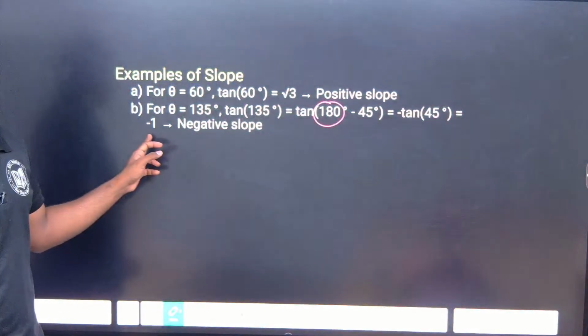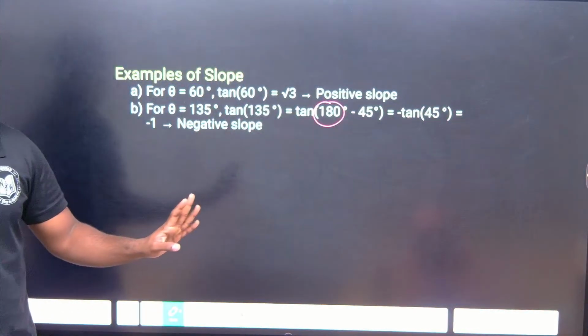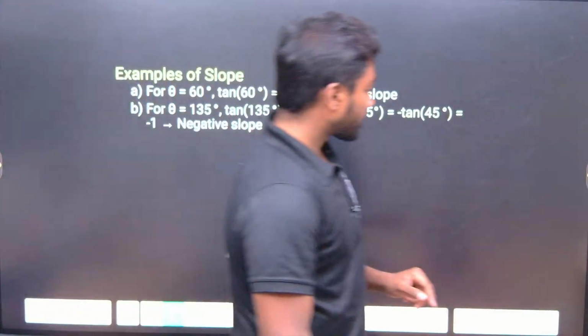So it is tan of 180 minus 45, which is in the second quadrant, where tan is negative. So minus tan 45, it is minus 1, negative slope. Any doubts in this?